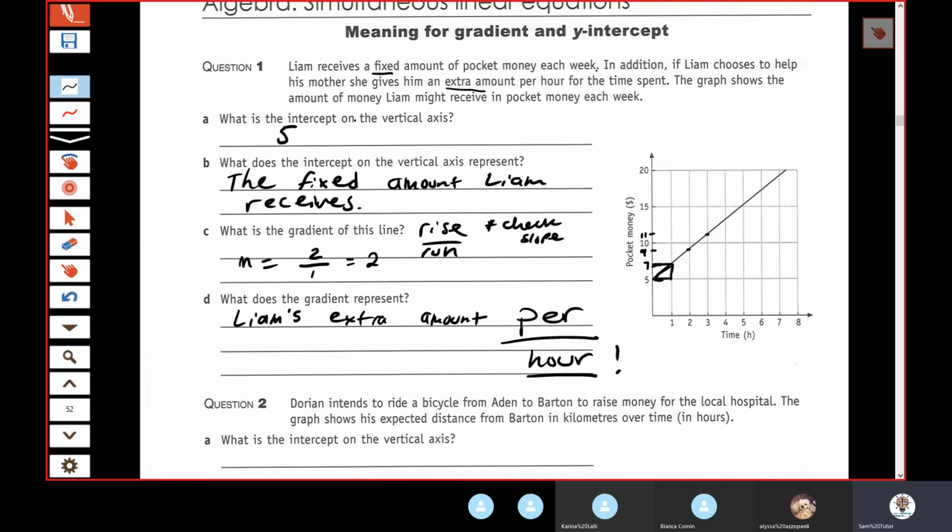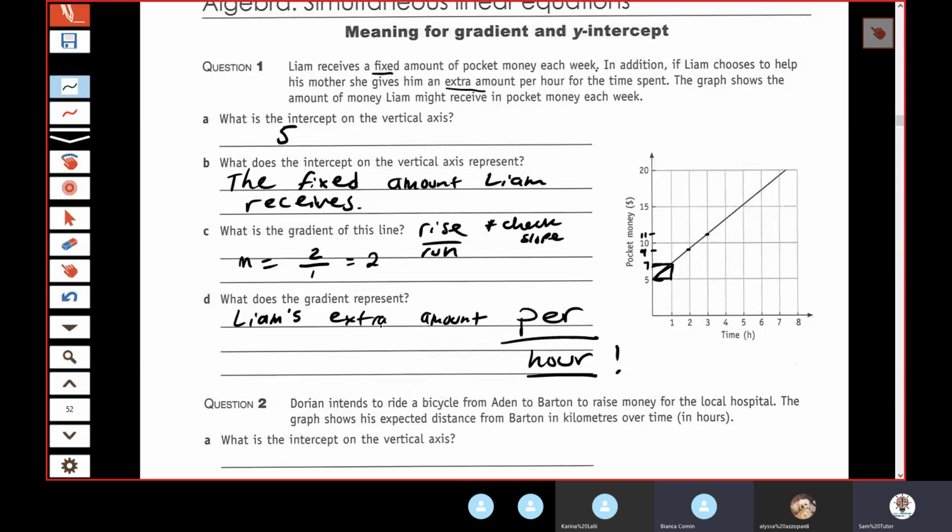Anyone not get this? Because this will be pretty much how your exams will be set out. It will ask for this, like what does the gradient represent compared to what does the vertical axis represent? All good. Move on.